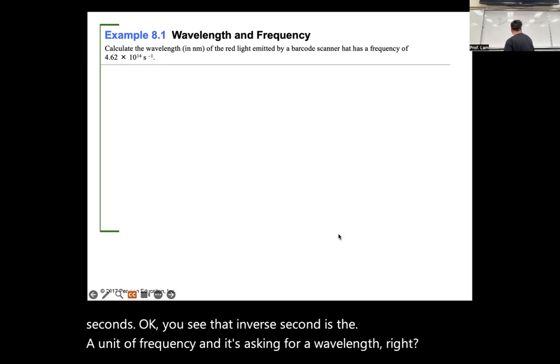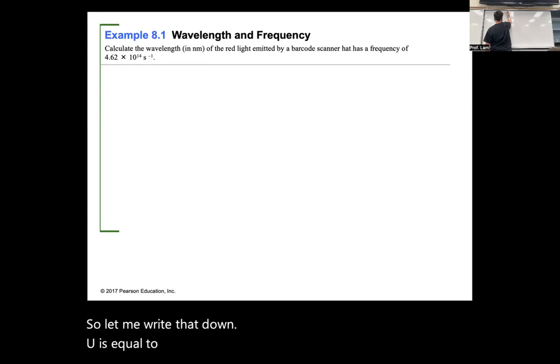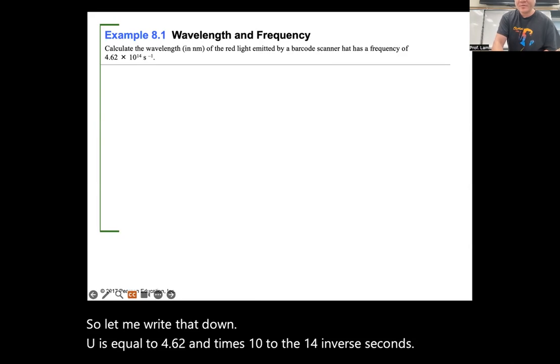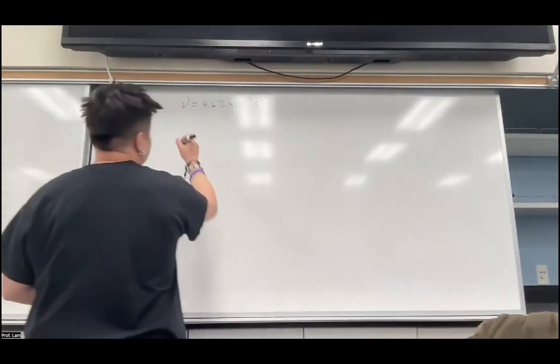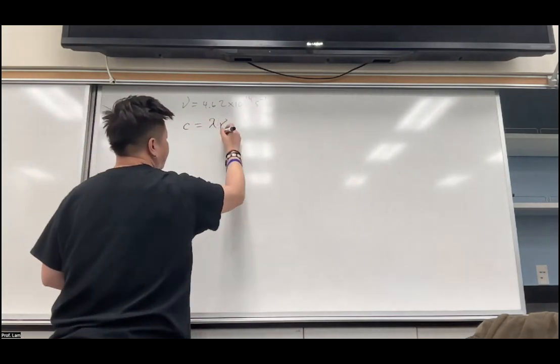So let me write that down. Nu is equal to 4.62 times 10 to the 14th inverse seconds. And remember, our equation is c is lambda times nu.